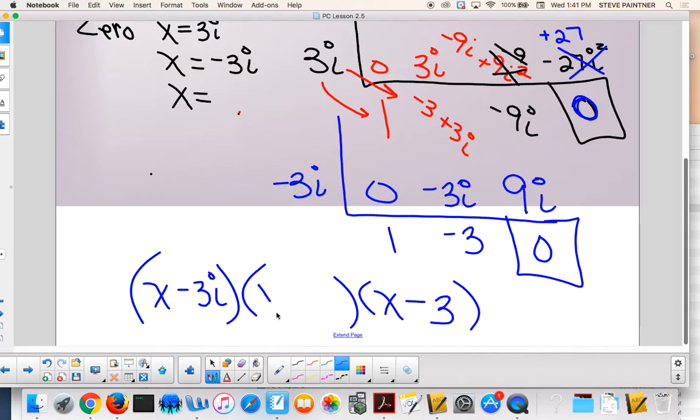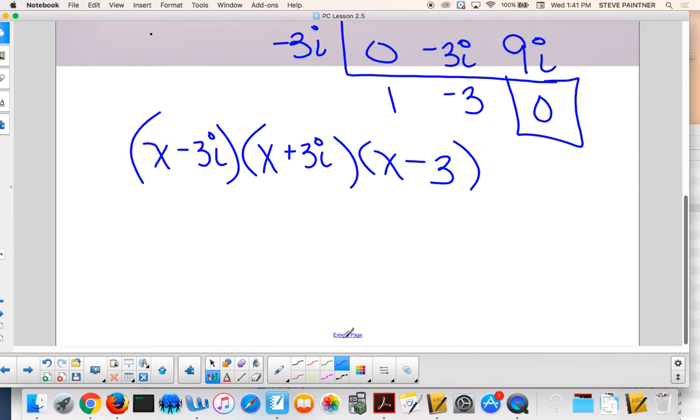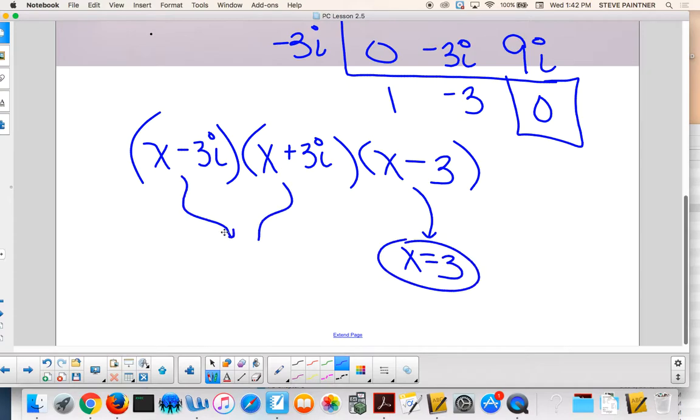That came from x plus 3i. Okay, so these are factors because they gave me the zeros. What's your last 0? X equals 3. These other zeros were plus or minus 3i, weren't they? So there's my zeros.